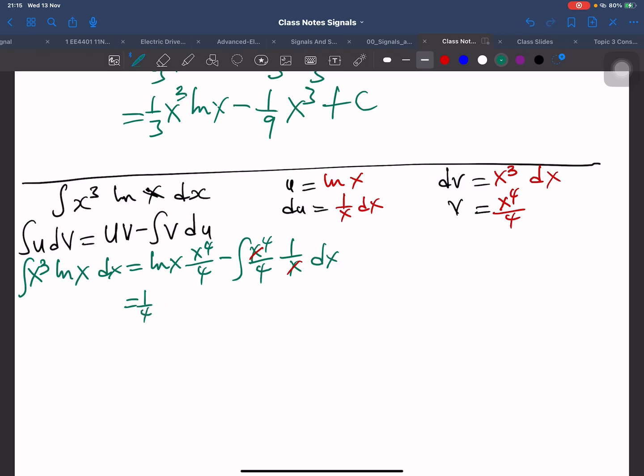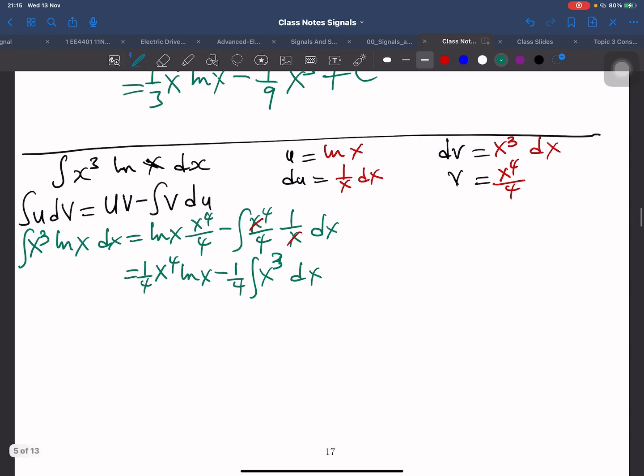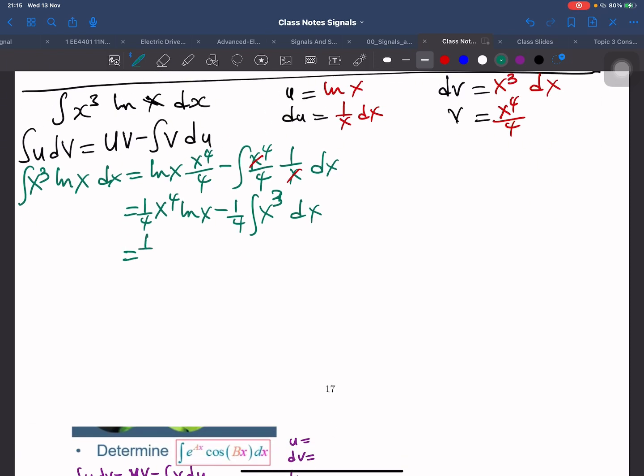Now we have 1 over 4 x raised to the power 4 ln x minus the integral of 1 over 4 x raised to the power 4. No, this one will now be x raised to the power 3, because one x has been cancelled, dx. We continue: 1 over 4 x raised to the power 4 ln x minus 1 over 4 integral of this.